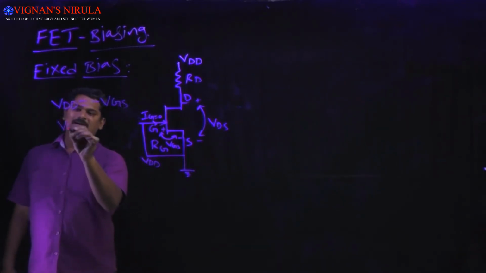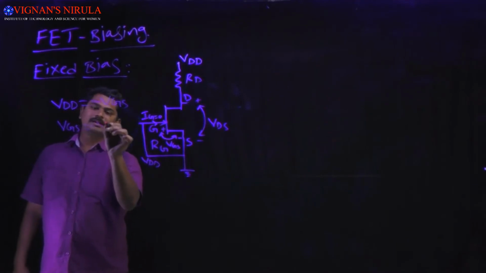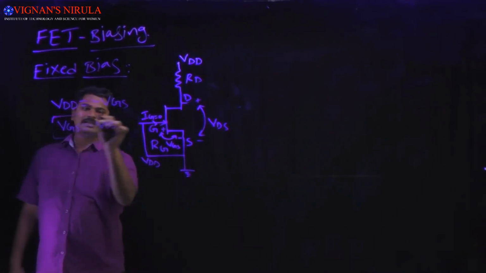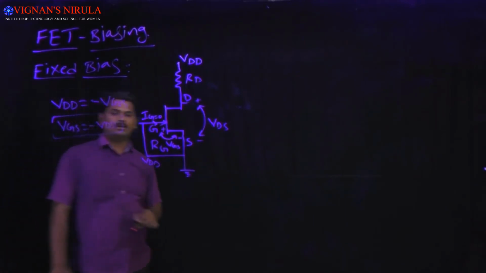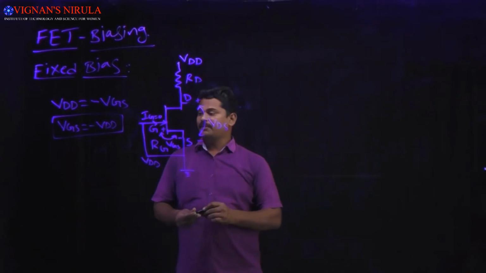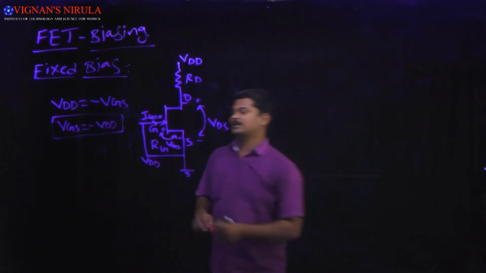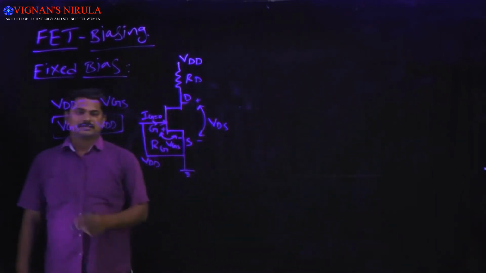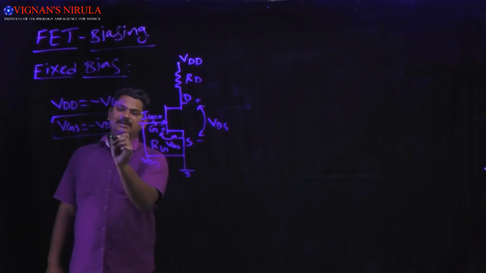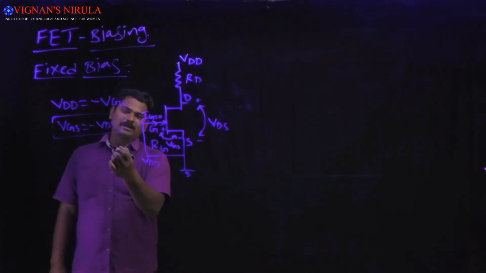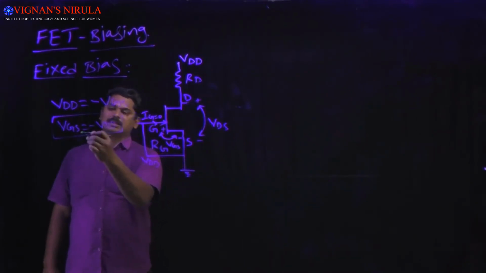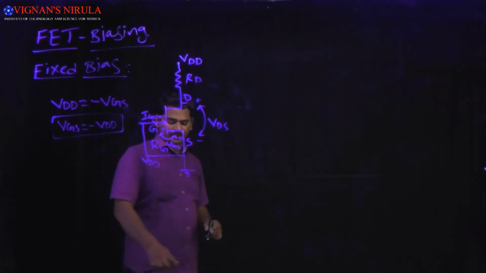So we can write that VGS is equal to minus VGG. It means that this voltage is a fixed voltage. That's why we call it fixed bias. We are not going to vary any voltage here, we just apply VGG. The voltage we applied at the input of the FET, across the gate and source, leads to the value of VGS.